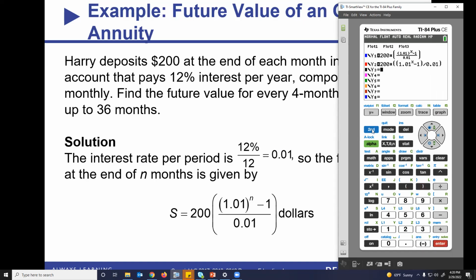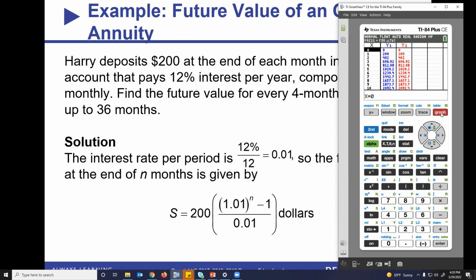And then, remember we were talking about doing this for basically every 4-month period, right? So I'm going to go straight to my table, not my graph, but my table. If I've made 1 payment, that means I put $200 down. When I make 2 payments, I've now put $400 down, but in my bank account it should say 402, because I'm earning interest every month, right?